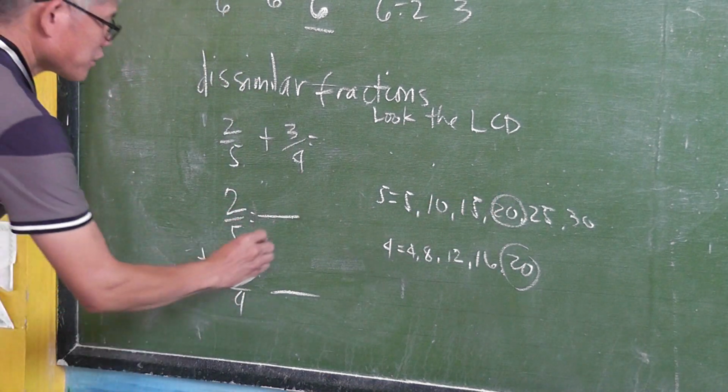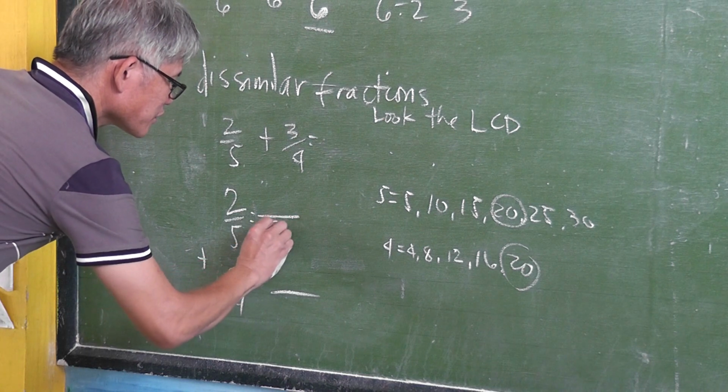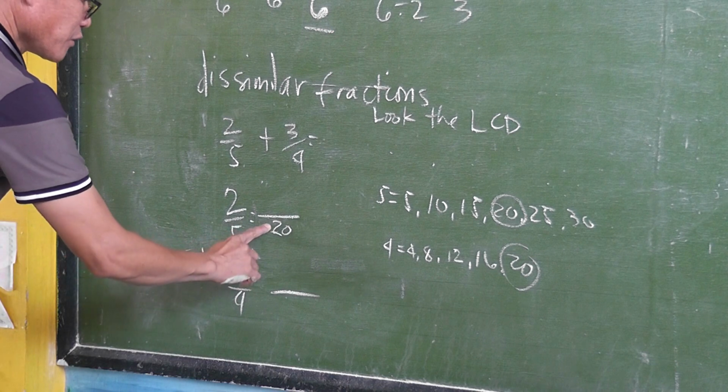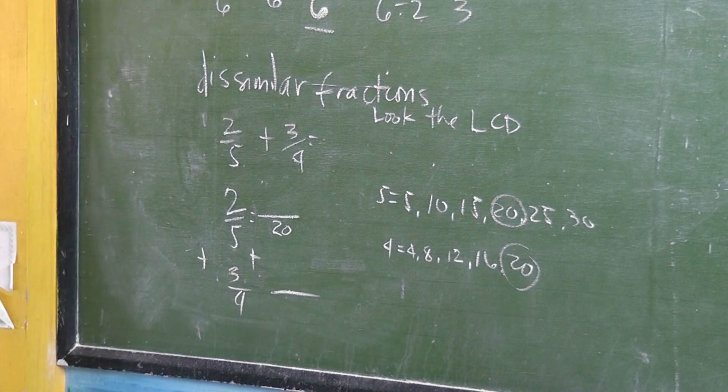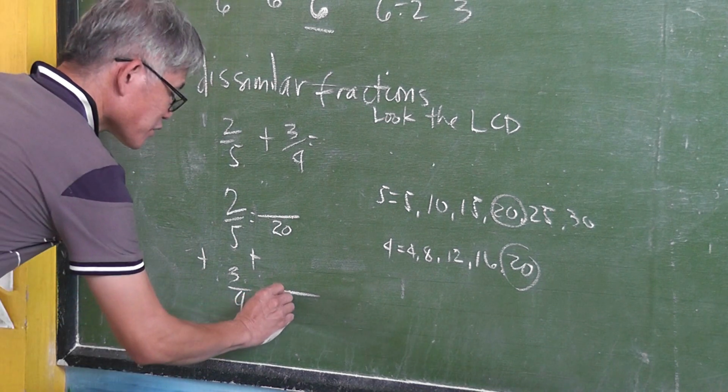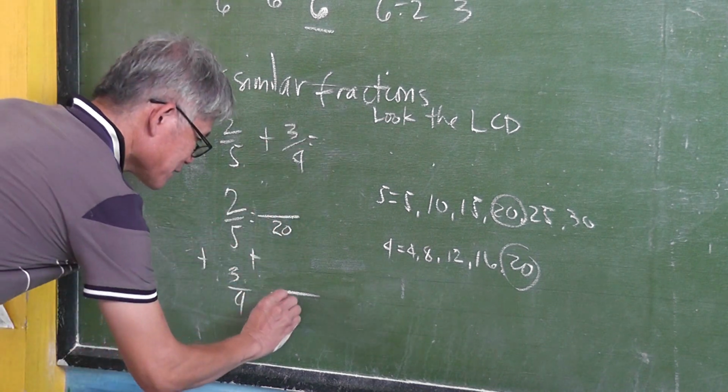And then we make other fractions. We're making them similar fractions because we cannot add unless we change them to similar fractions by finding their LCM.